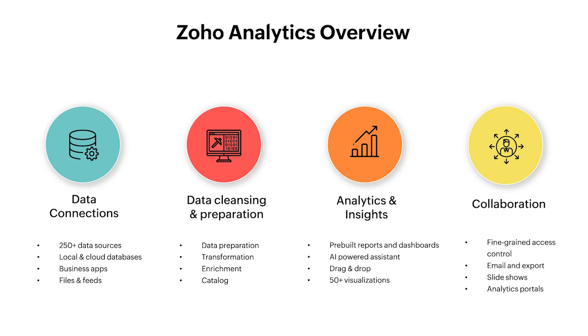So this is the typical overview of the product flow: connecting the data, preparing the data, analysis, and collaboration aspects. These are all the key features of Zoho Analytics. When we get into the what's new update, I'm going to touch base in the same order.